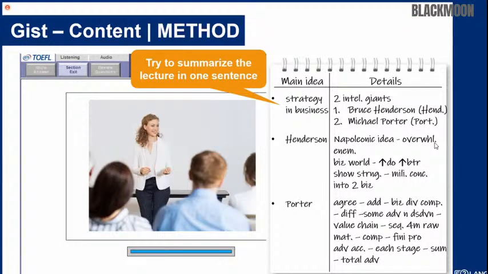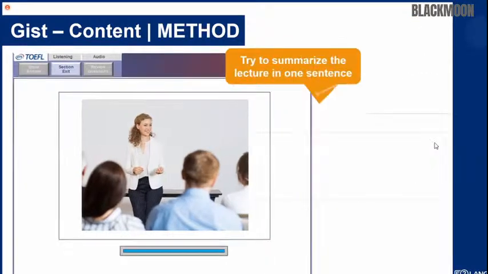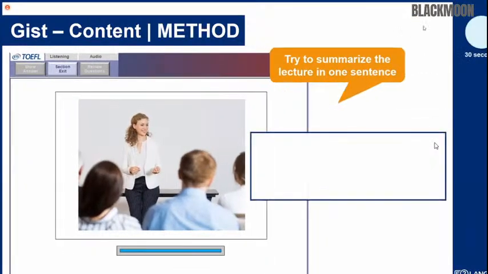Just in your mind, if, for example, your friend missed a lecture and asked what it was about, in a few words, how would you summarize it for them? I want you to look at your notes and summarize it in one sentence. I'm going to give you 30 seconds for this. Just put your summary in the chat box. You have 30 seconds. Your time starts now.